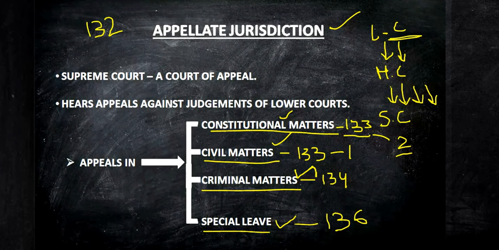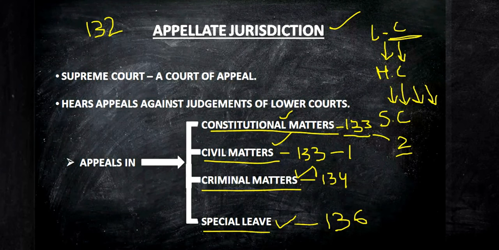That means there is a case which doesn't fall under these three particular matters, then such a particular case can be appealed in Supreme Court by special permission. So that is called appeal by special leave. Is it clear?